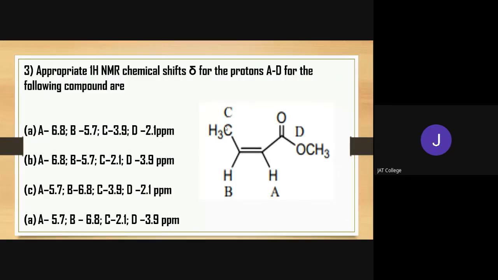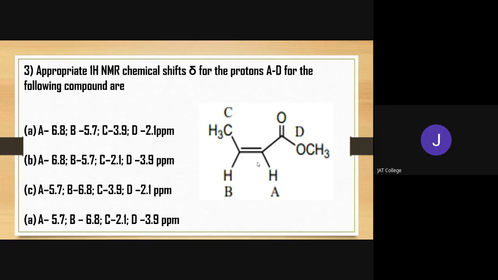The carbon to which CH3 is attached will carry positive charge after the conjugation. That means CH3 then appears on the electron deficient carbon. And if CH3 is attached to the electron deficient carbon, then it will have the delta value 2.0 to 2.2, which is given in both B and D. Now we have to proceed to A and B.